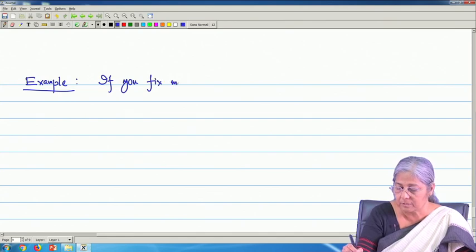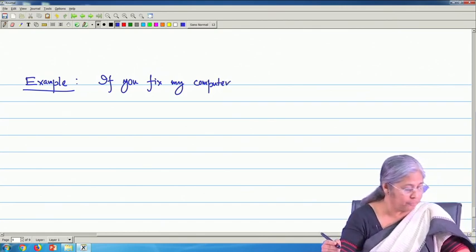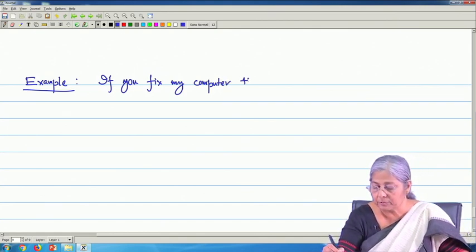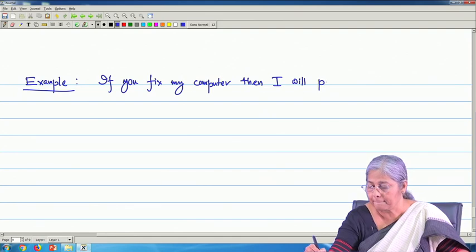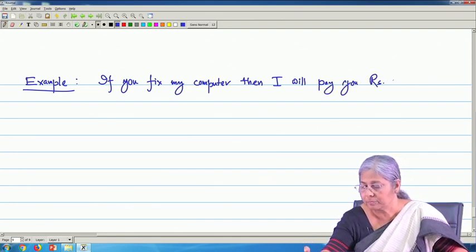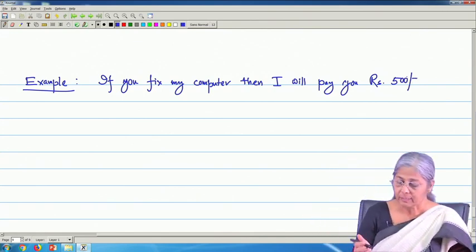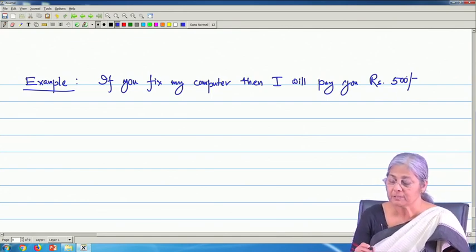We take one example. If you fix my computer, then I will pay you rupees 500. So, this is a compound proposition, because this is a statement. What are the primitive statements here?